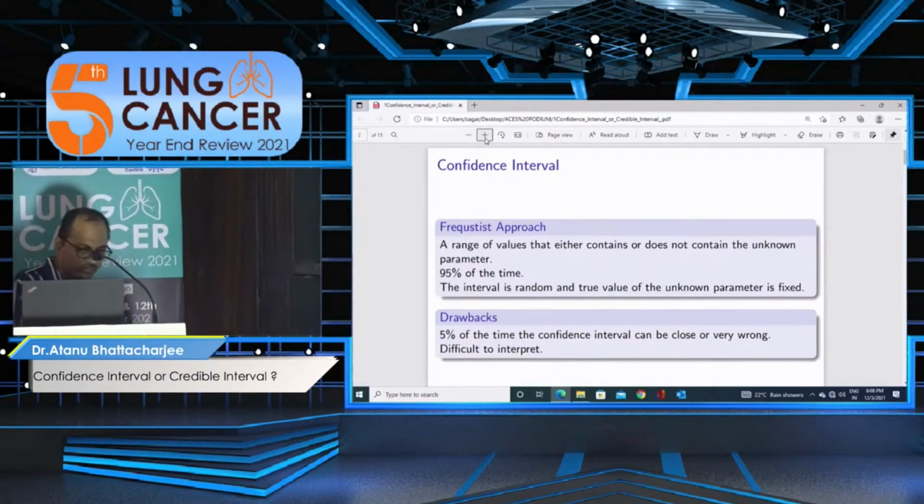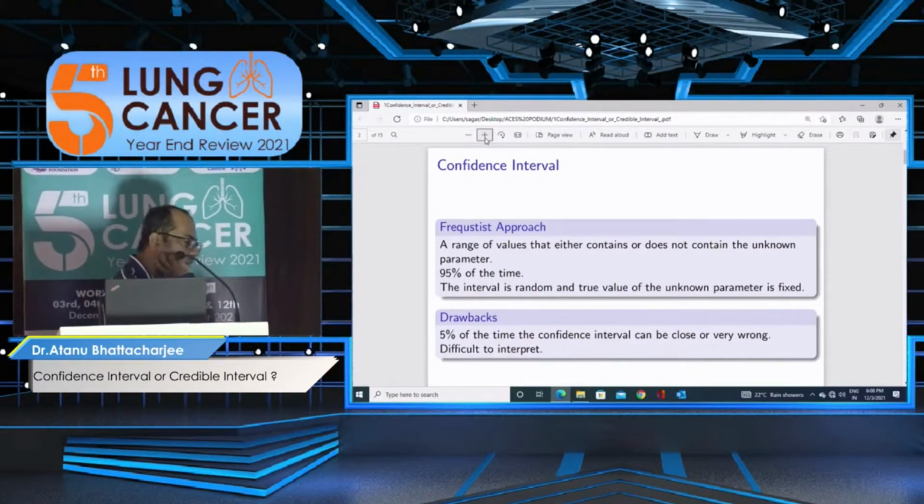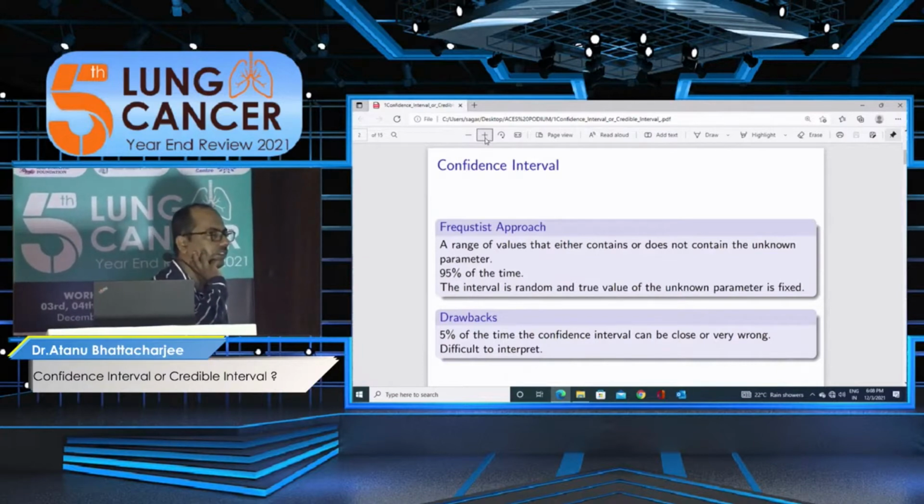See, the confidence interval is something you must have seen many times, and this one is based on the frequency approach. Frequency means we take the count and number, and after that we use this number to generate the confidence interval. A nice example: say we want to see the diabetes rate.